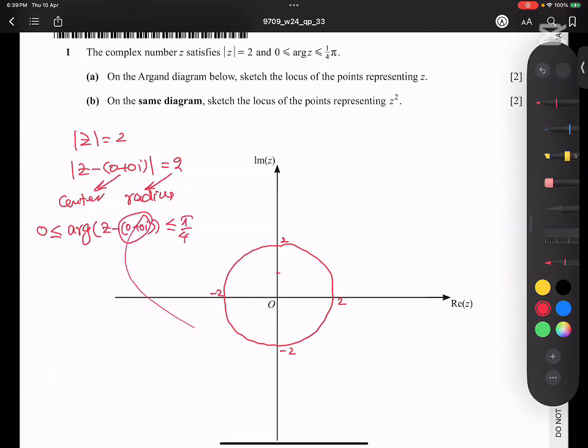So this is a ray starting from 0, 0. The argument stands for the angle between 0 and pi by 4. From here to here is pi by 2, so he said make it half of it, pi by 4.